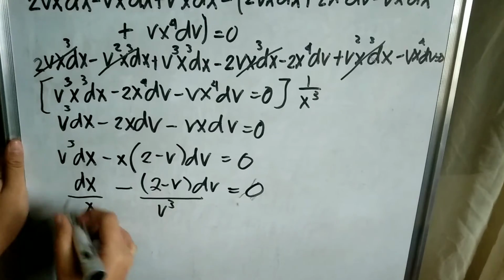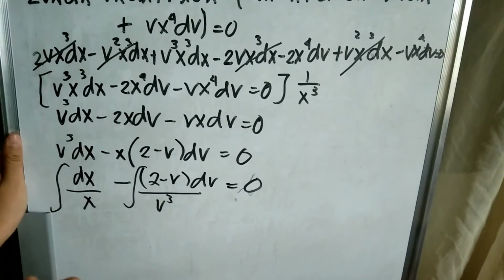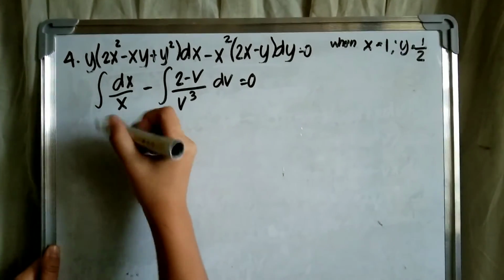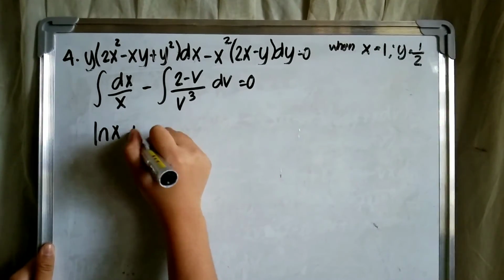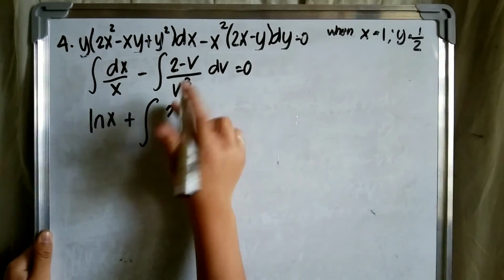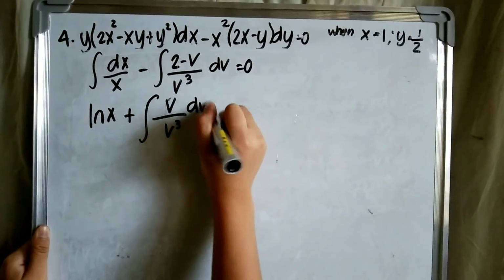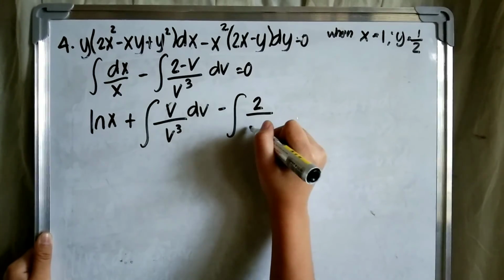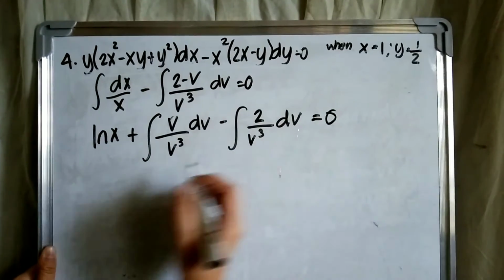And then proceed to integration. So the integral of dx over x is ln x, and then we can rewrite this into plus the integral of v over v cubed dv minus the integral of 2 over v cubed dv is equal to 0.